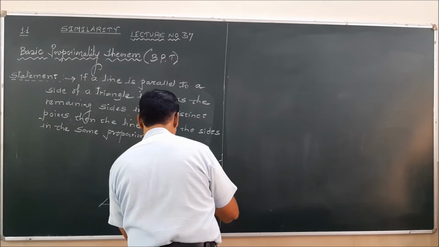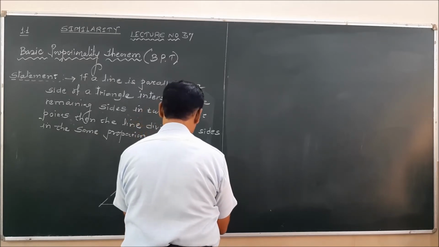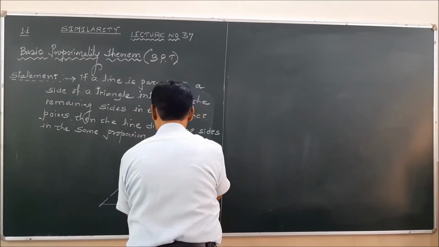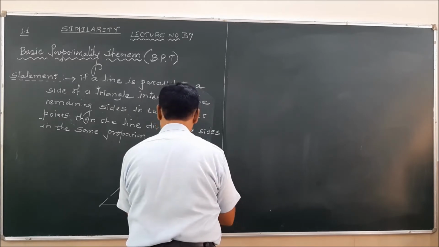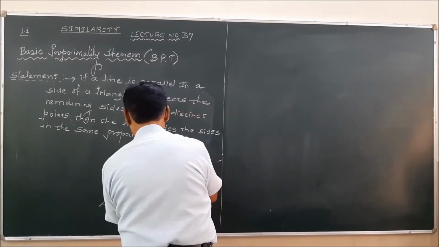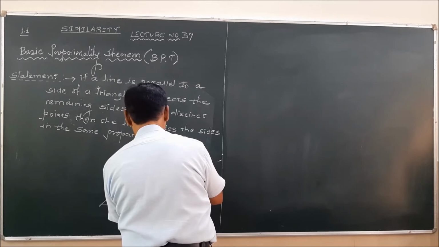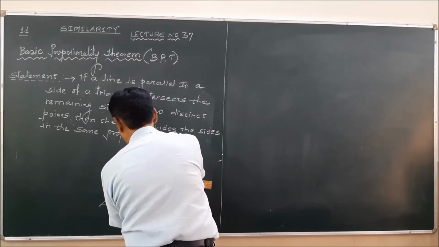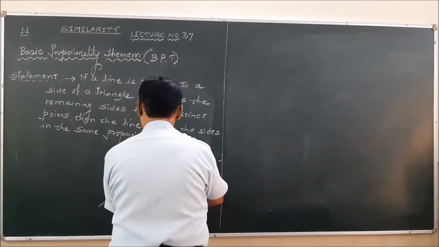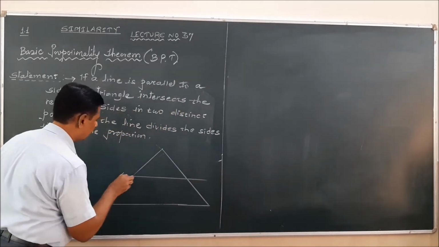Very important, because if you learn this theorem, naturally you can secure your 4 marks. In the 4 marks questions, there will be 2 questions you have to attempt, and if any one of them is a theorem, it is easy. Okay, fine.